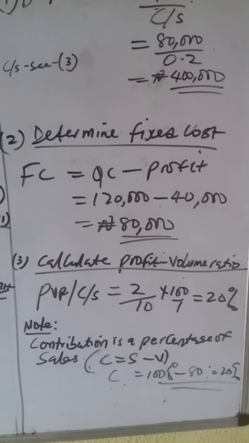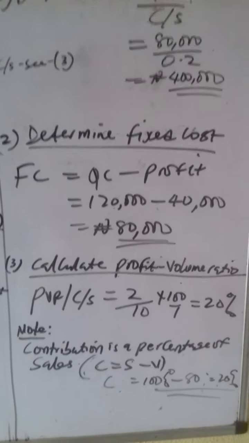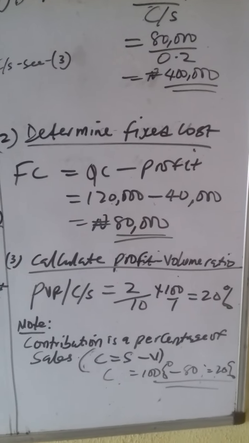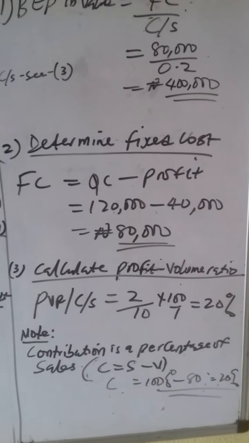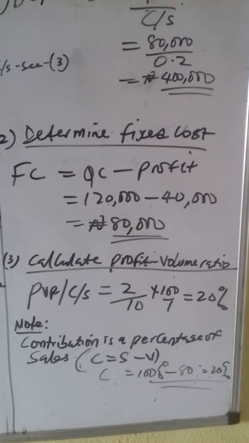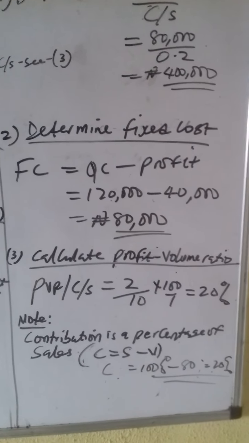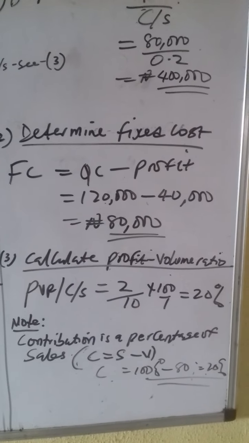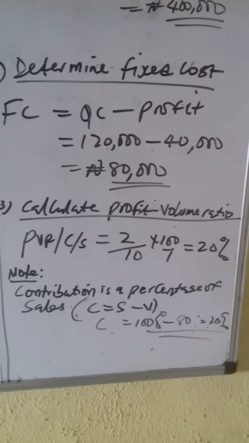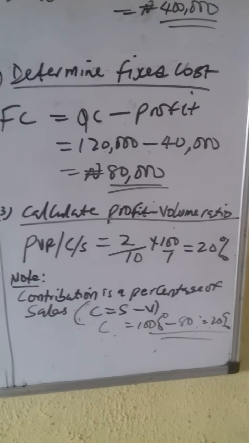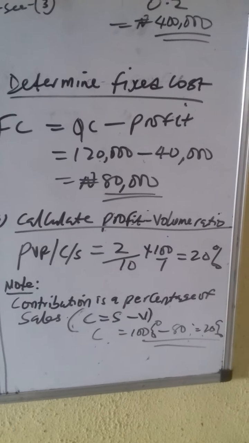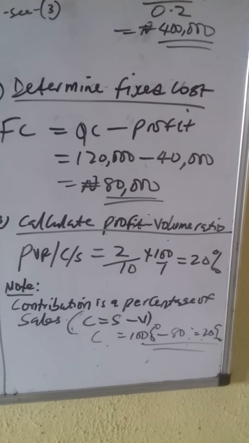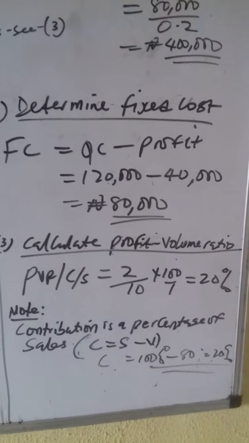And if you choose to say 2 naira is 20% and you say 100% should be 20 naira, you'll find that when you place 2 naira on 20 naira, you will get 10%. So the solution is that contribution is equal to sales minus variable cost. If contribution is 2 naira and it's 20%, therefore variable cost will be 80%. And that's what we get, and it will be 8 naira.